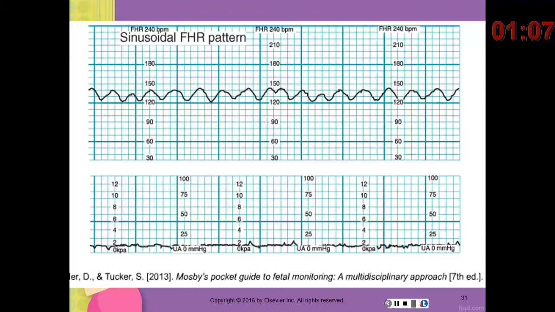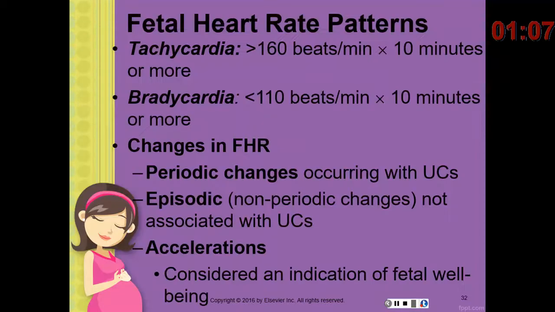Okay, so, all right, so tachycardia, and you need to know these for sure. Tachycardia is, because we know that the normal fetal heart rate range is 110 to 160, right? So if we have greater than 160 beats per minute, lasting the 10 minutes that we need to get a cycle of strip, that is tachycardia.